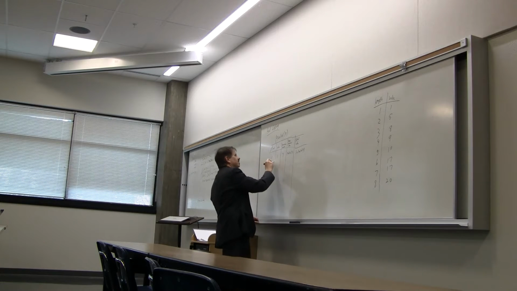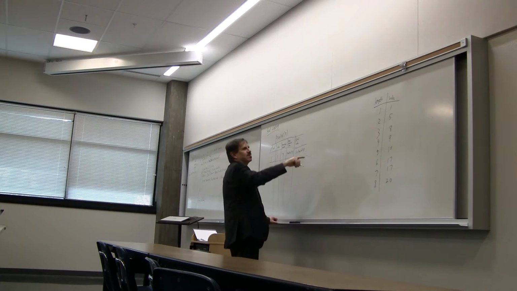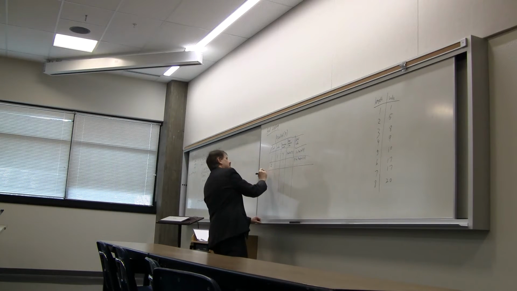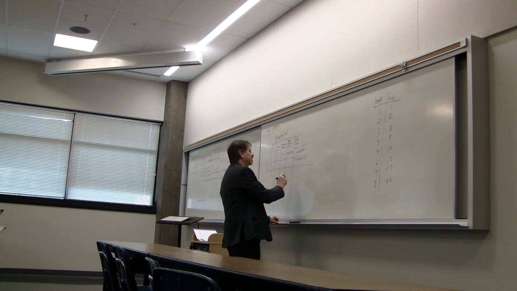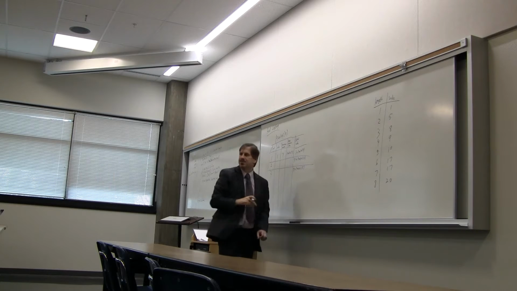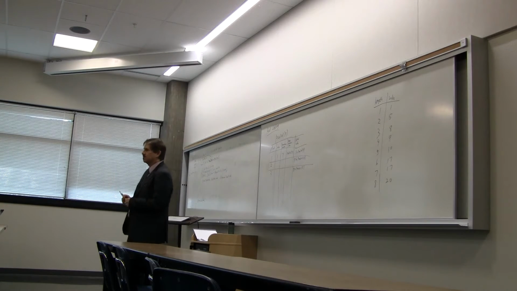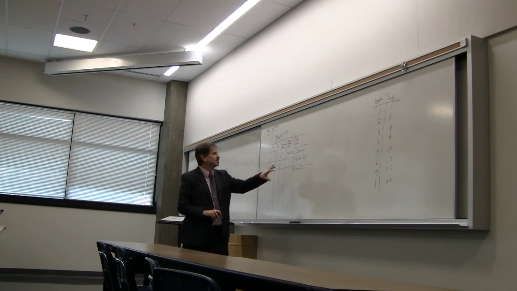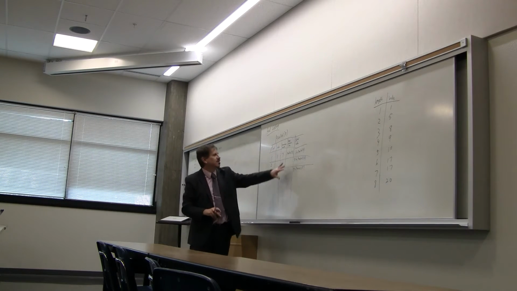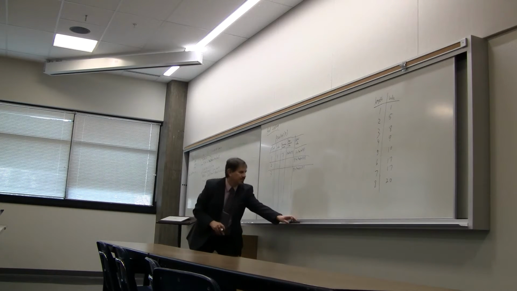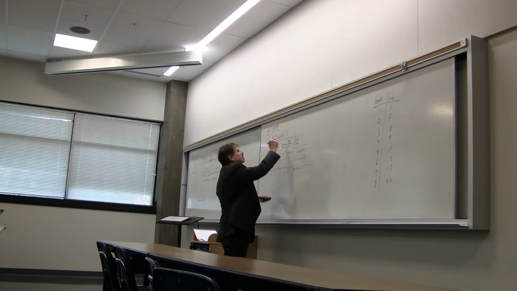And if you start with a cut of length 2, you end up with the value of that, which is 5 plus max val of 6. And if you start with a cut of length 3, you get $8 plus max val of 5, and so on. And so you have 8 calculations to make, each of them involving a recursive call to max val. You take the largest of these, that's the value of max val n, or 8 in this case.